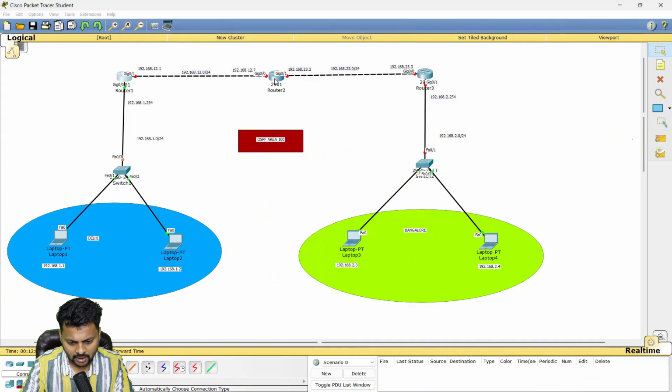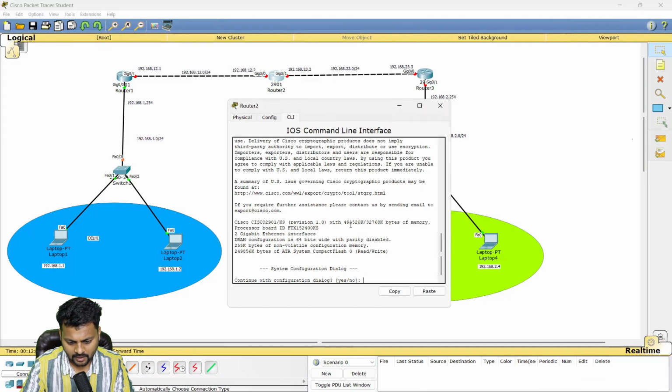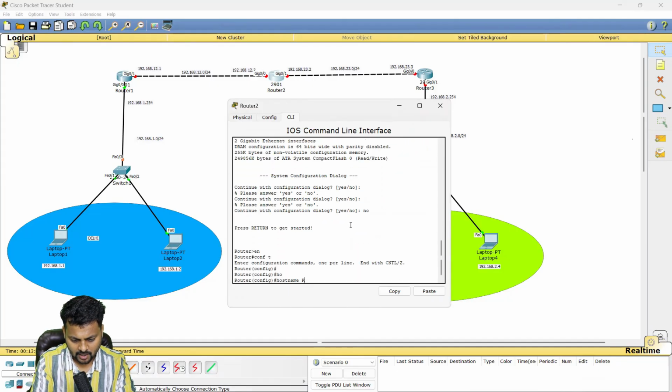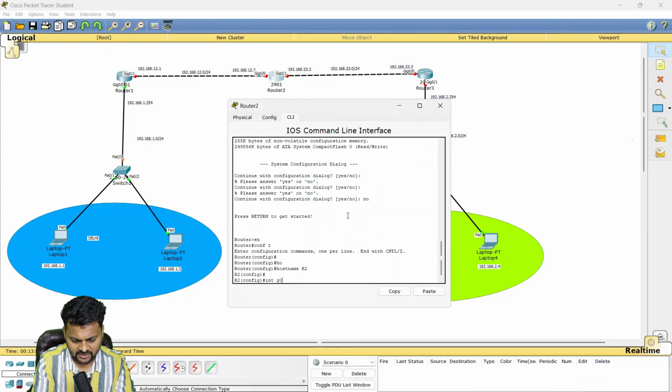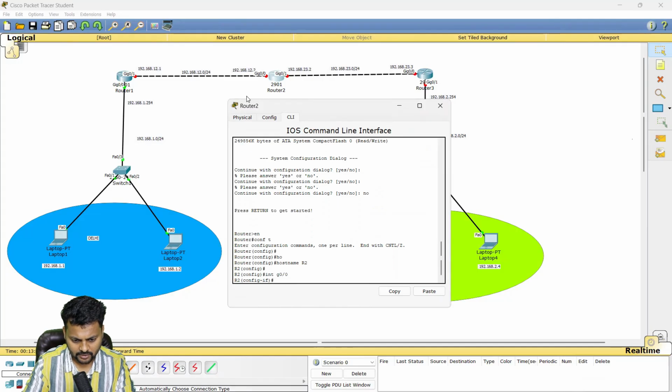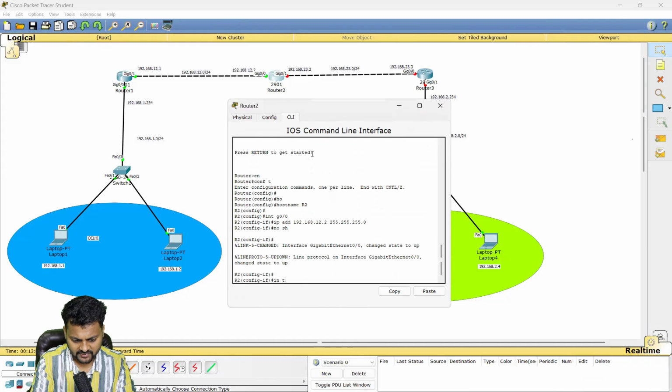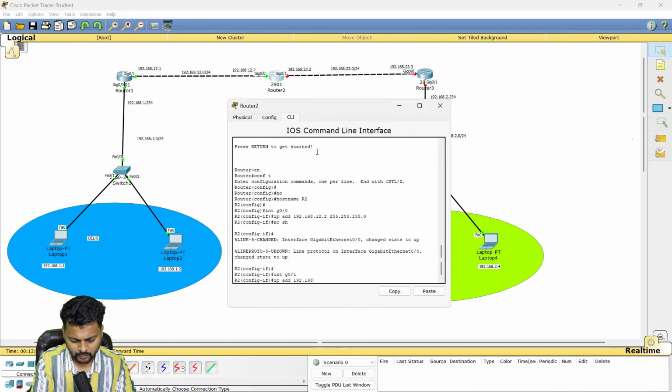Same thing, I need to go to router number 2 and configure the IP addresses. Enable, hostname R2, interface gig 0/0. This is the interface I'm talking about right now, 12.2/24, no shutdown. Then we have another interface, gig 0/1, IP address 23.2.